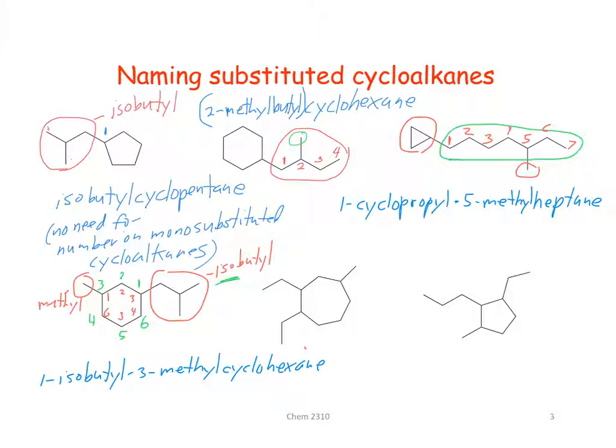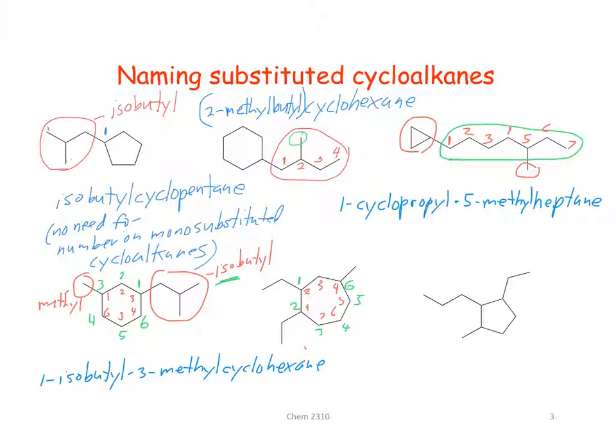All right, so we're going to start numbering right here, because if we number that 1 and we number clockwise, then it puts our second group at position 2. We could number it back the other way, so let's number this on around 4, 5, 6, 7. We could number it here 1, 2, that also puts the second group at position 2, 3, 4, 5, 6. So how do you think we should break this tie?